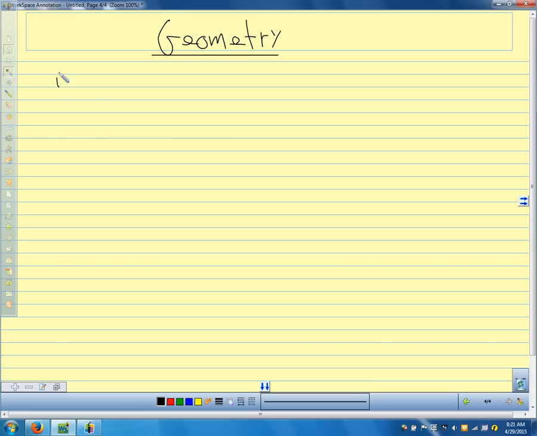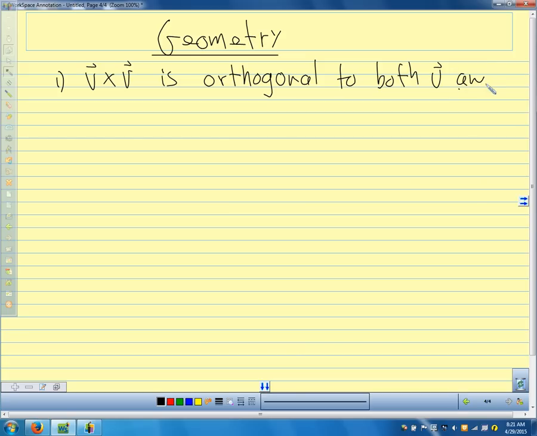All right, so our first one. This is an extremely important property of the cross product. U cross V is orthogonal to both U and V. And orthogonal, when we're talking about vectors, means, what does that mean? 90 degrees. It makes a 90-degree angle with them.